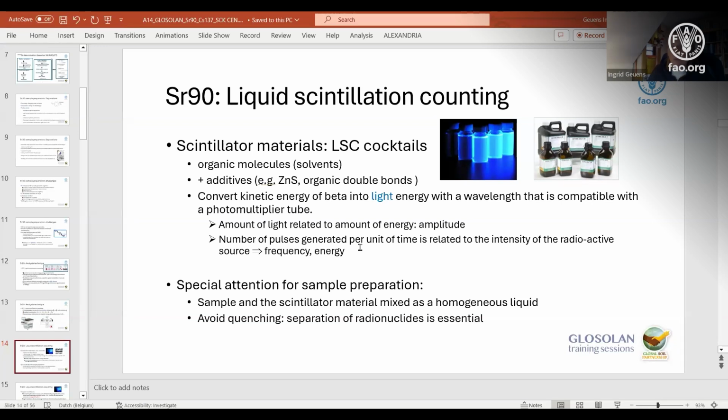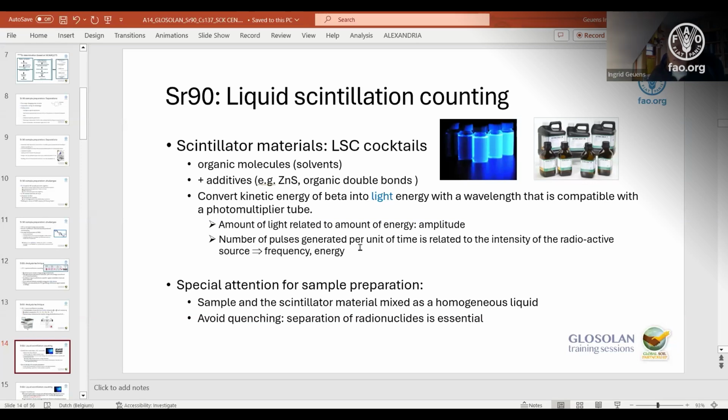Additives can be organic double bonds, like the fluor molecule I showed two slides ago, or also inorganic material, as long as it emits light after excitation. Zinc sulfide is also an example that gives you emission of light. So it's in fact converting kinetic energy of beta into light energy with a wavelength that is compatible with a photomultiplier tube.